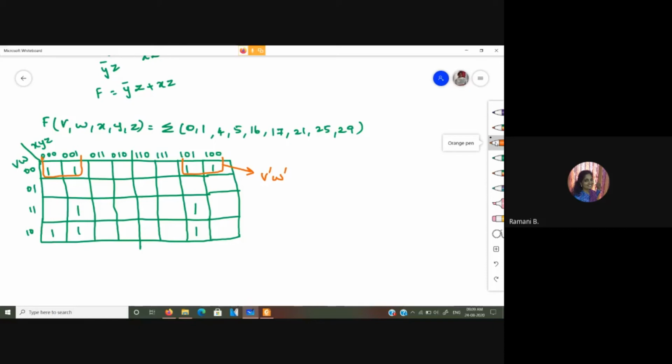So we have y equal to 0, so y bar. And we also have this particular quad with respect to this.